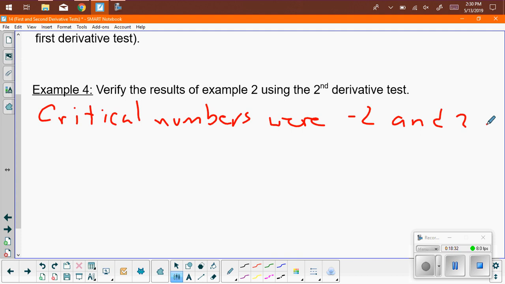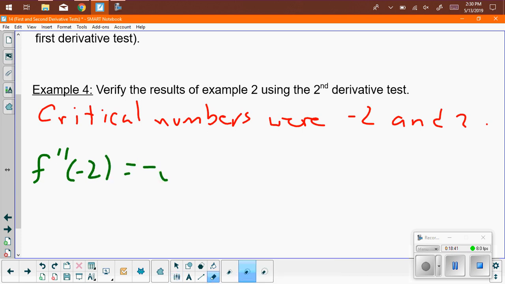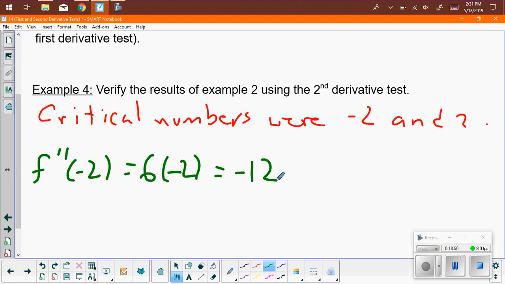I start with -2. What is f double prime of -2? Well, it was 6 times -2. That's -12. So my test says my second derivative is negative.